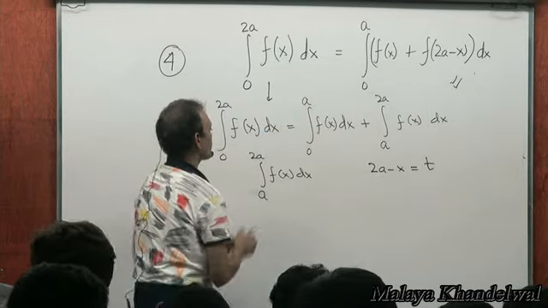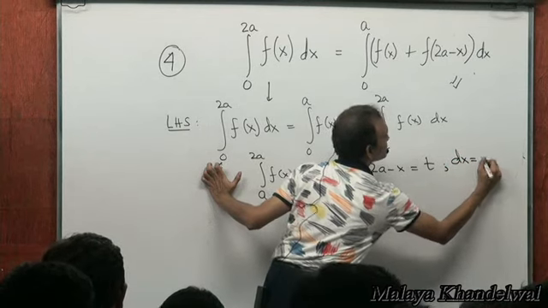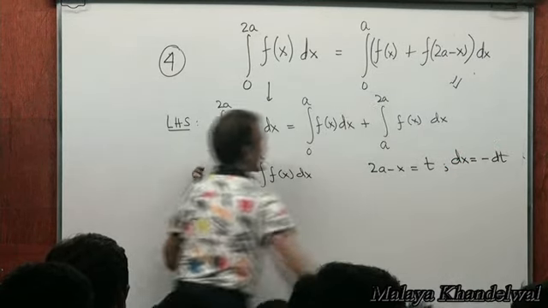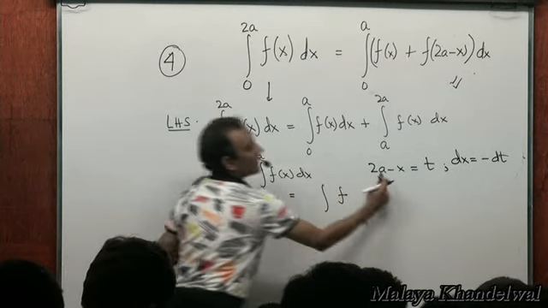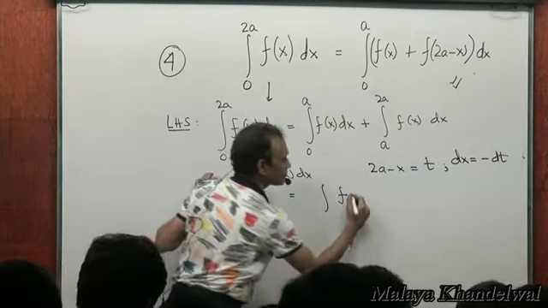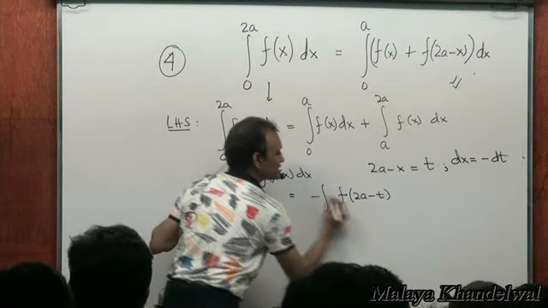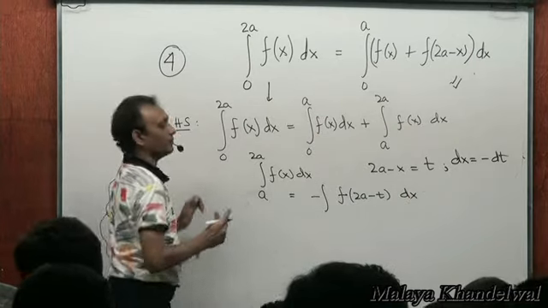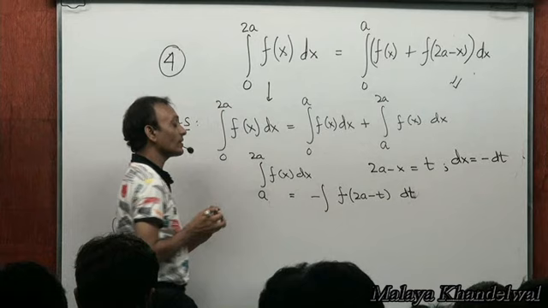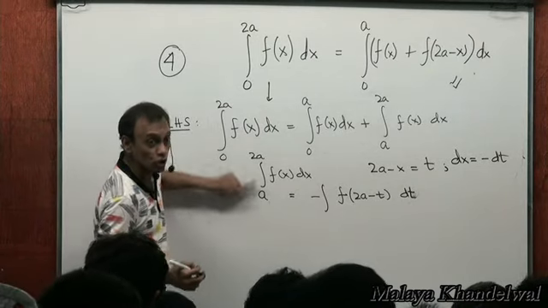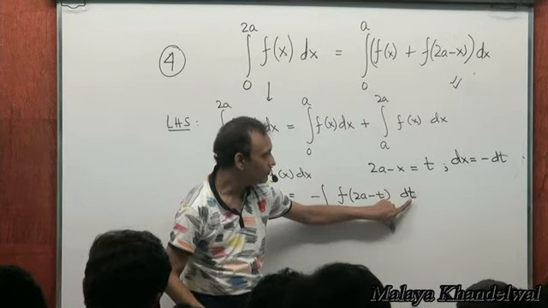Clear? Now when I do this, obviously you can see that dx will be minus dt and this will be f of x, x is 2a minus t, f of 2a minus t, and dx is minus dt. Now, the limits also would have to be in terms of the new variable t.